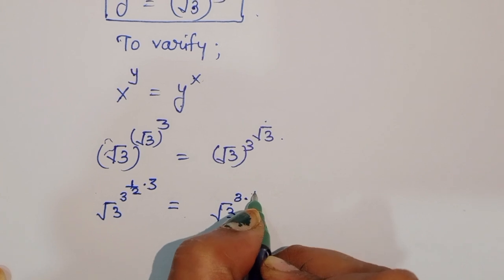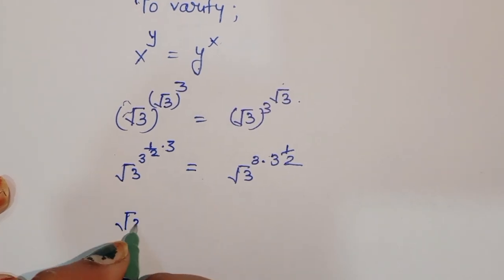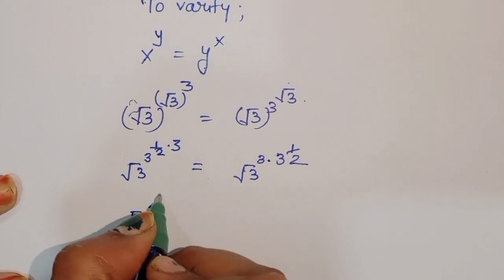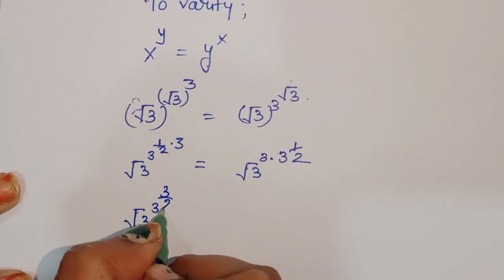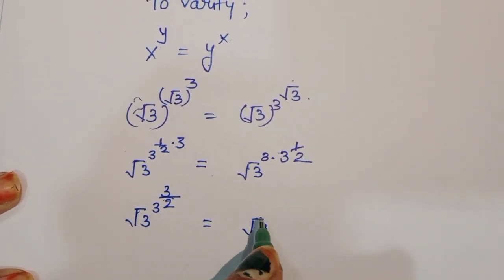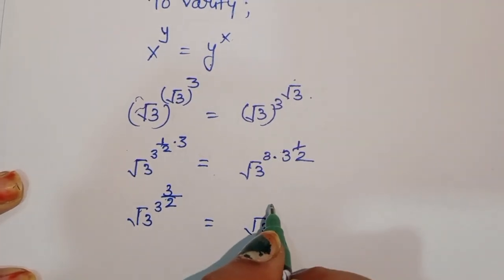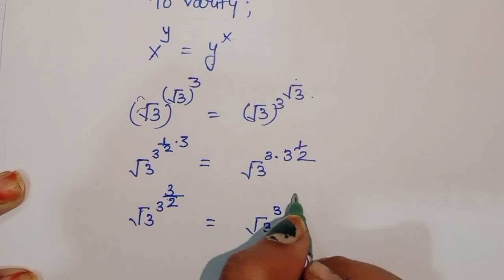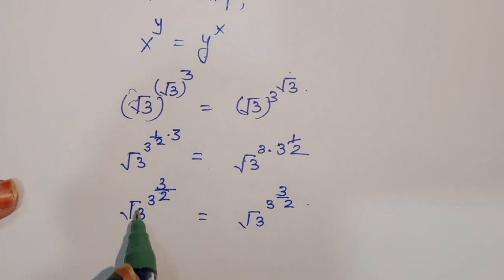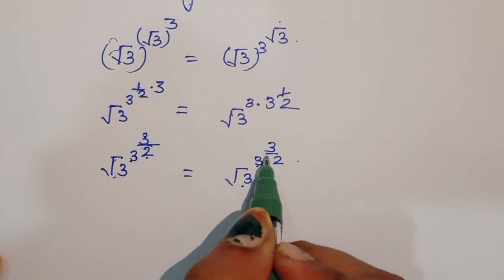So we get 3 raised to 3 by 2 on the right side as well. So you can see both sides are square root of 3 raised to 3 times 3 by 2.